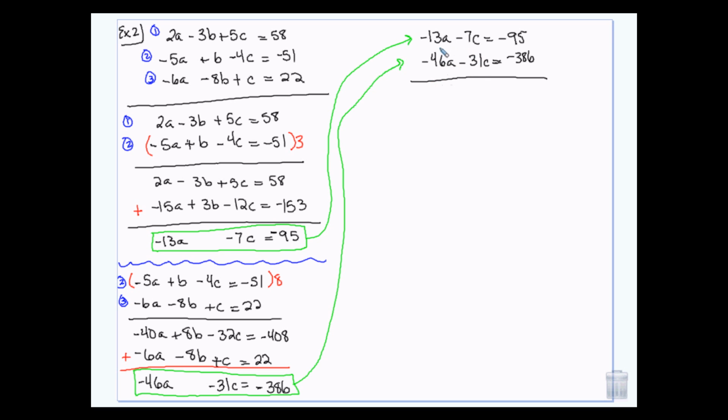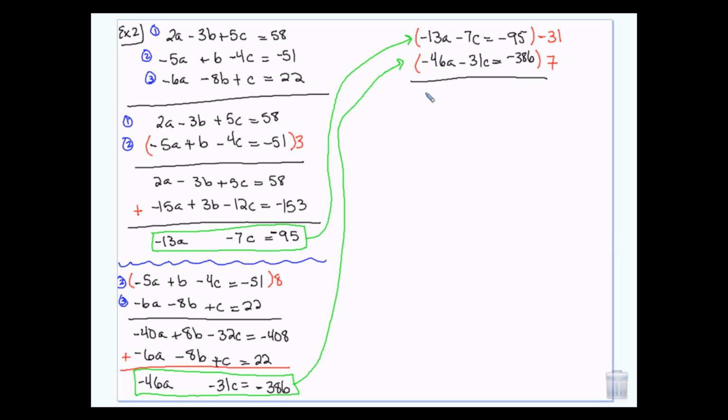So our choices right now are, do we multiply by 13 and 46 or 7 and 31? I'm going to pick 7 and 31 just because they're smaller. It really doesn't matter. It'll be the same answers either way. And I'm going to multiply this one by negative 31 to make this positive, whatever that is. And I'm going to multiply this one by 7, so it'll be a negative, whatever number that is. Surprisingly, I don't have my 31s memorized.